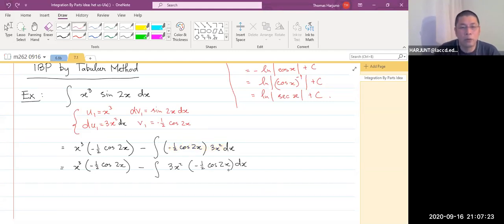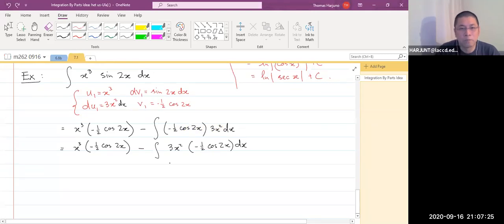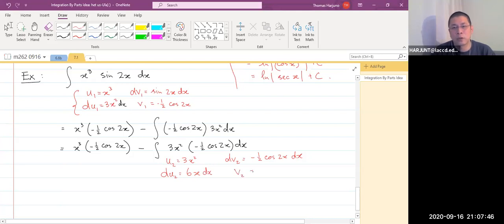Now, I will do the second integration by parts. u2 equals 3x squared. d phi 2 will be negative 1/2 cosine 2x dx. So du2 will be 6x dx. phi2 will be negative 1/4 sine 2x.